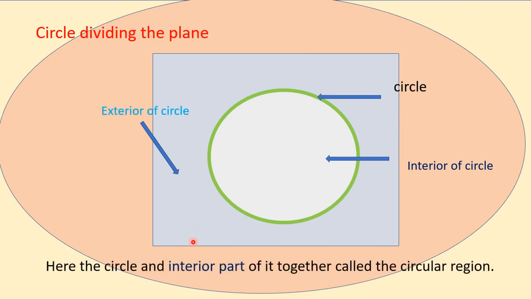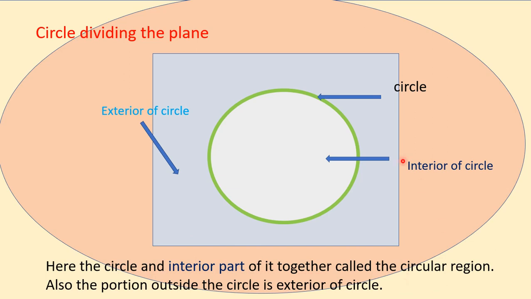The circle and its interior together are called the circular region, and the portion outside the circle is the exterior of the circle.